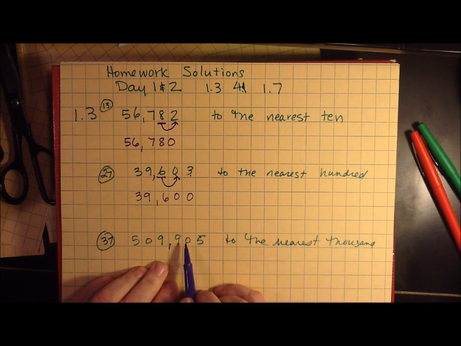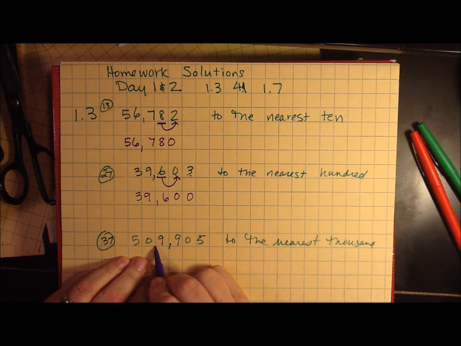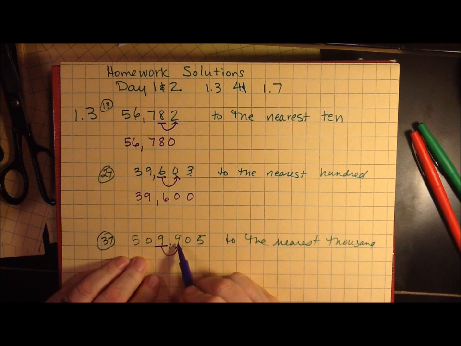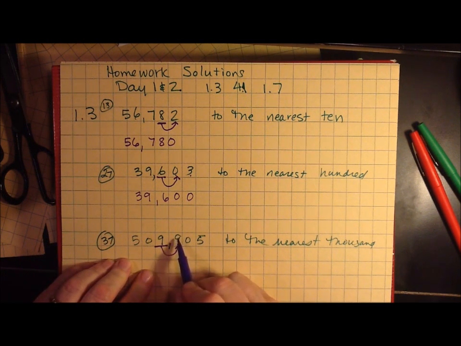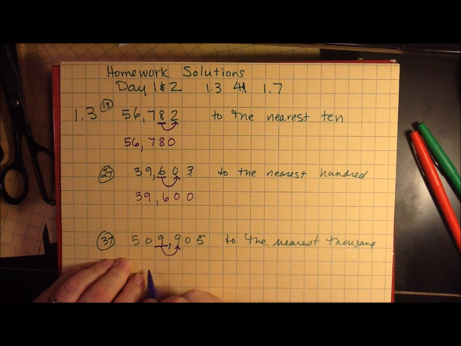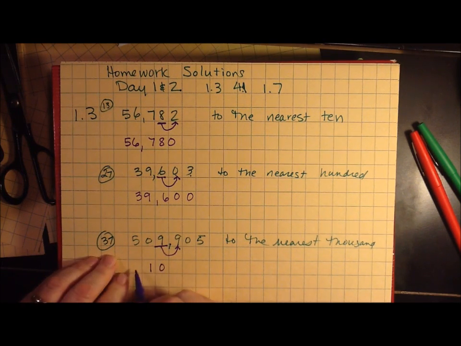So ones, tens, hundreds, thousands. I ask the right-hand neighbor, and this is closer to 10, so this bumps up. So 9 plus 1 would be 10, and these all become zeros.